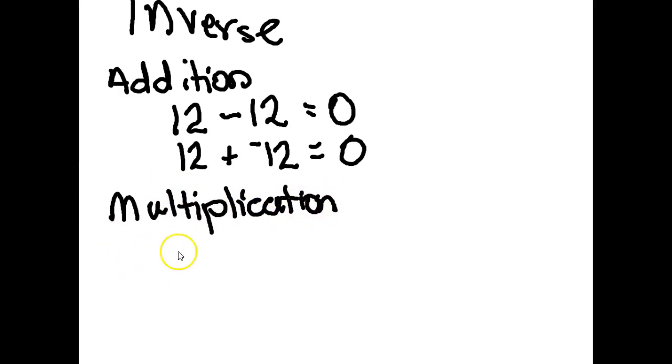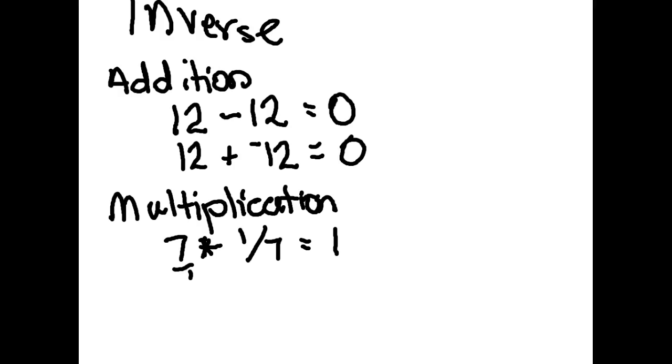Similarly, for multiplication, we're going to multiply by the inverse. When we talk about the inverse for multiplication, we're really talking about the reciprocal. So if I have 7 times 1/7, that's going to get me 7 over 7, because this is the same as 7 over 1. So 7 over 7, which is a 1.